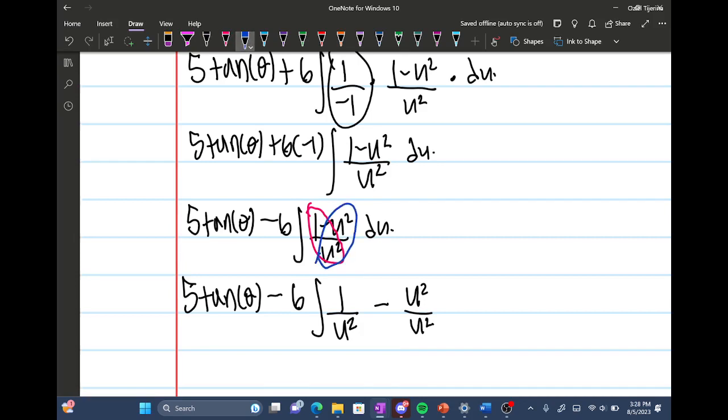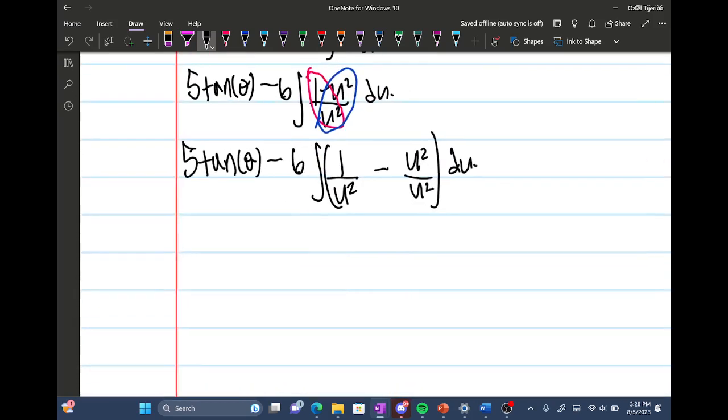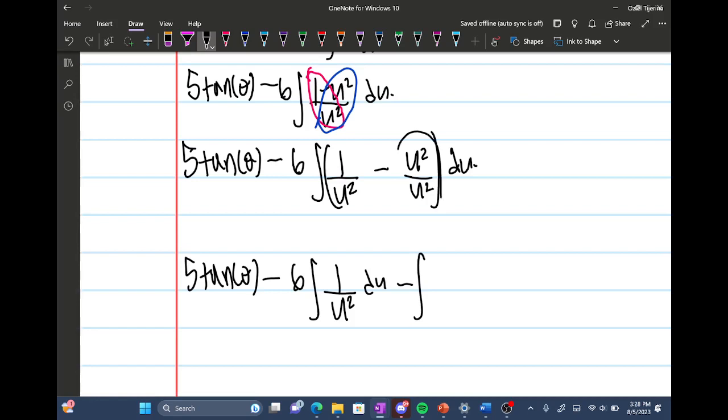We split it up into 2 fractions, right? Du, this whole thing with respect to u. And so this becomes 5 tan of theta. The 5 tan theta just stays the same, minus 6, and we're going to do the integral of 1 over u squared du minus the integral, and u squared over u squared just becomes 1 du.